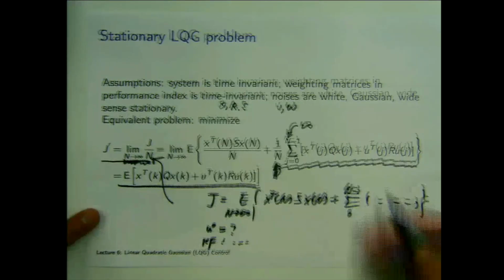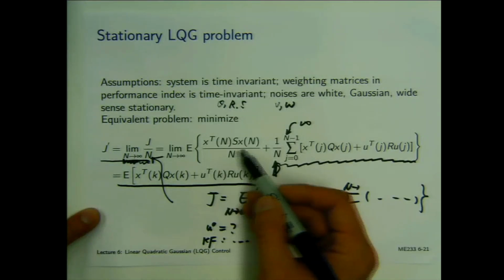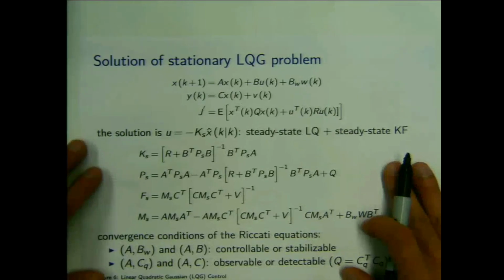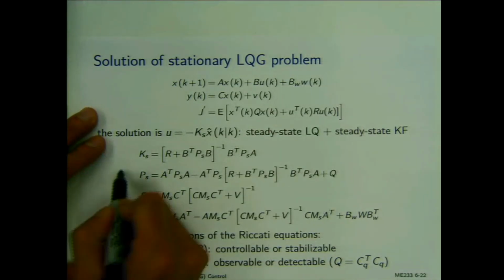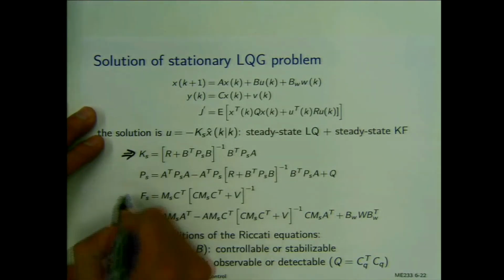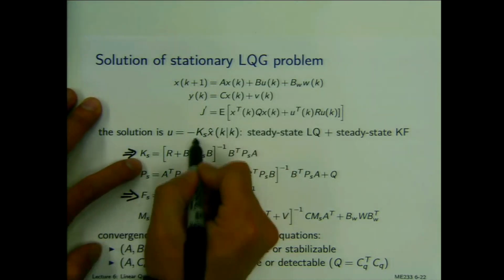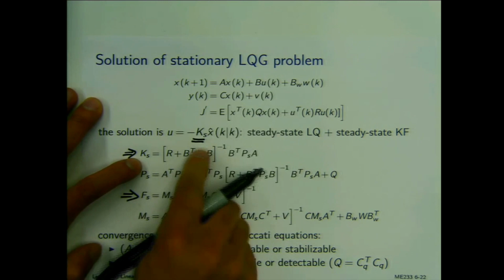The only difference is now these matrices are constant. S, Q, R, these are constant. And we have the convenience of now having a constant state feedback, okay?